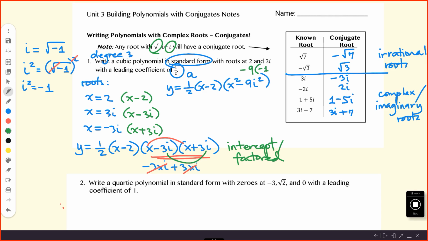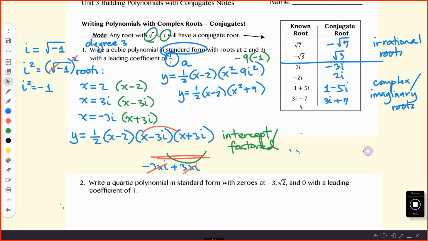So I just multiply that by -1 to eliminate the i squared. Because if you write the equation, we have to eliminate the complex roots, right? So I can write this as y equals 1/2 times x minus 2, and then times x squared plus 9. Right? Okay.